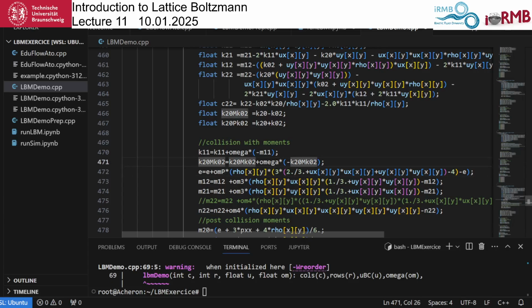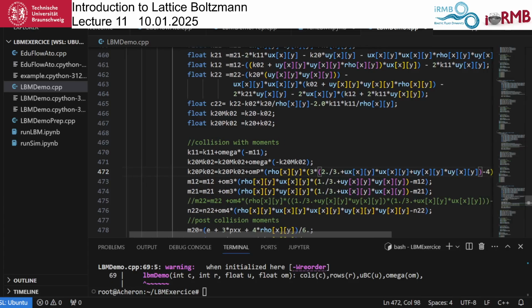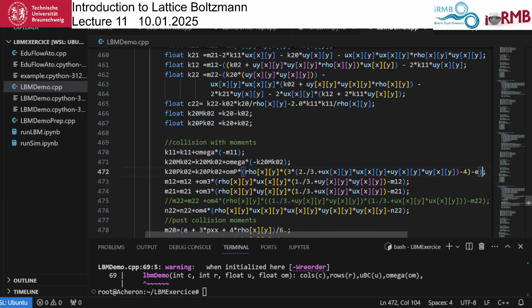Now the plus part. Unfortunately, this thing here was somehow scaled, so this is still OP, it's about the pressure. Here the equilibrium is not zero. So what is the equilibrium here?